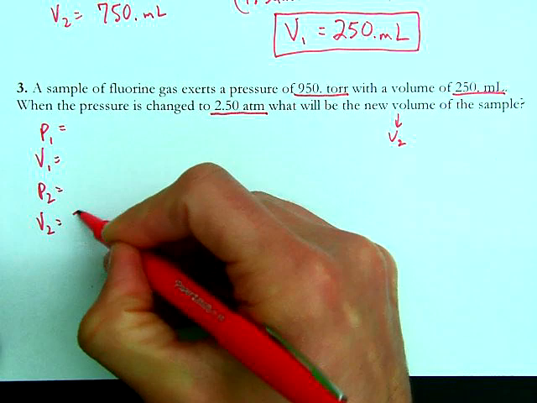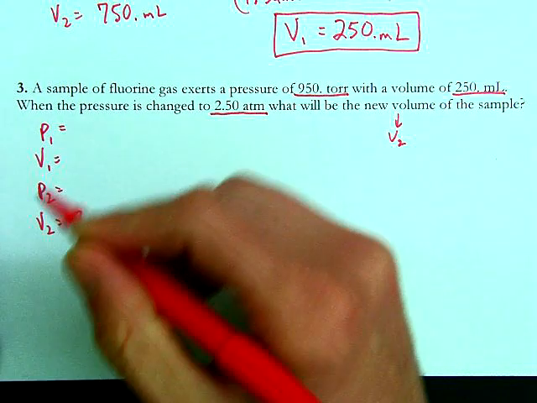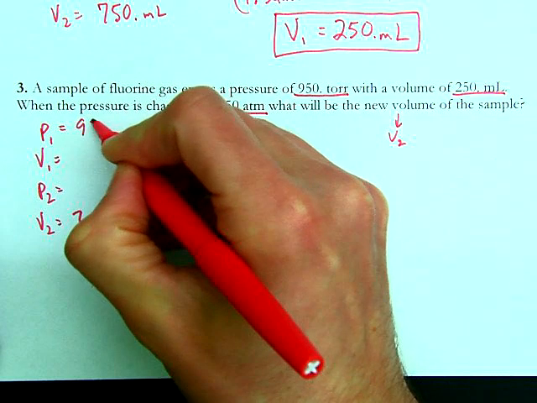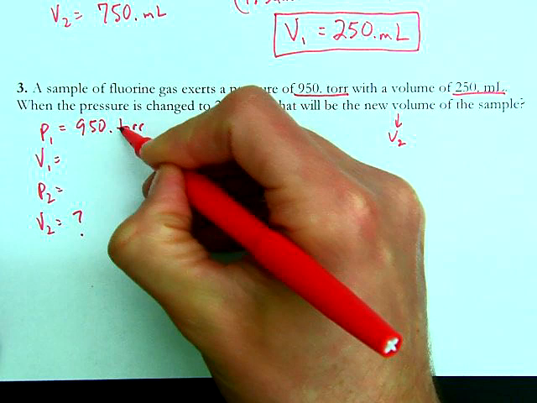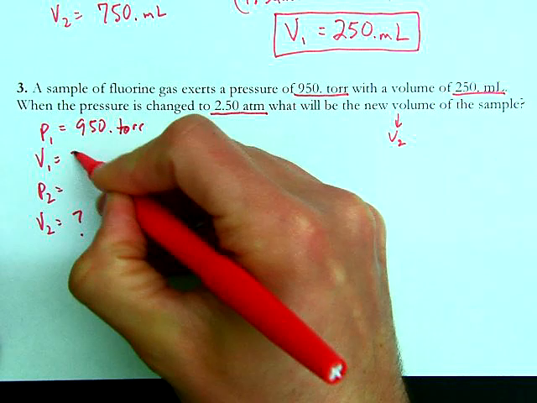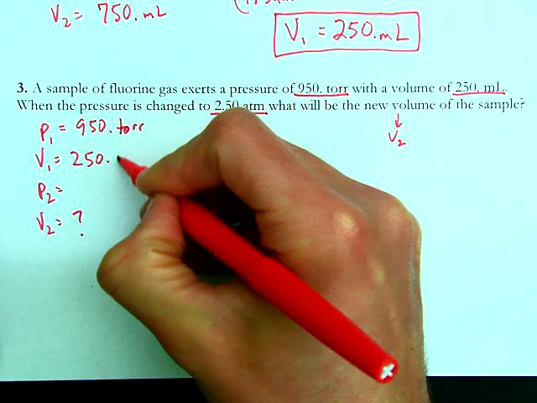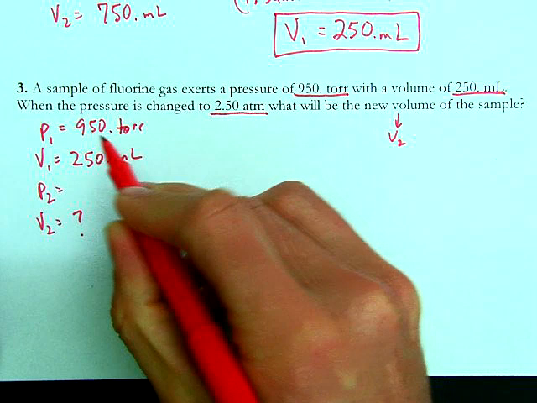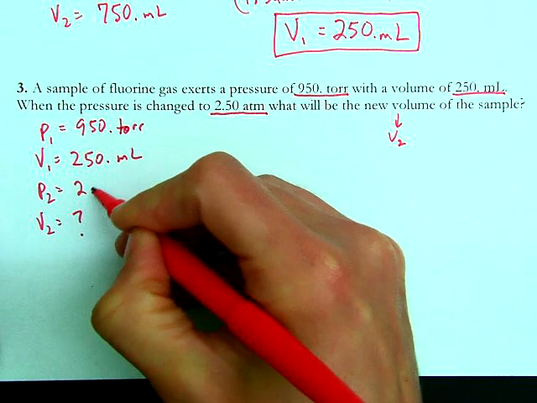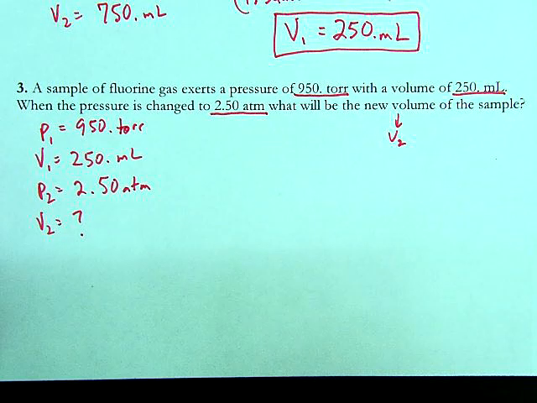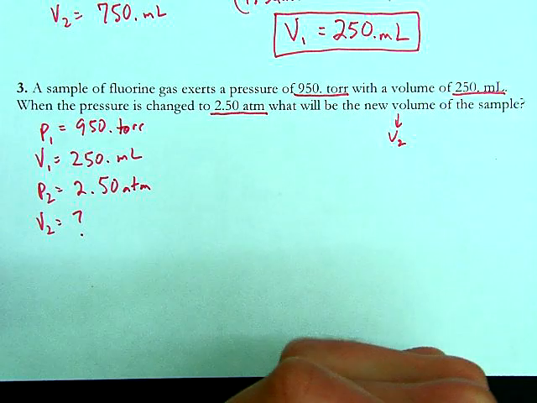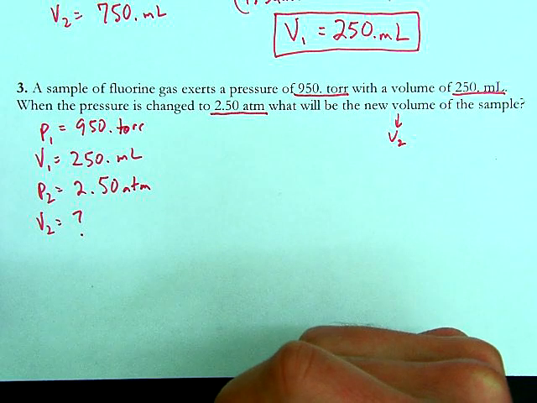We don't know what the new volume is going to be. The starting pressure is 950 torr. Volume is 250 milliliters. And the ending pressure is 2.50 atm.